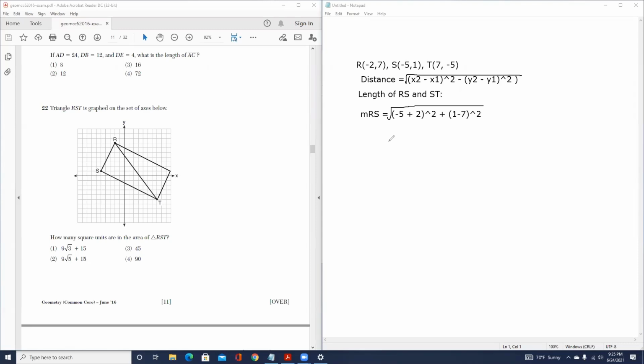And y2 is 1 from S, and y1 is 7 from R. If we plug this into our calculator, we will get that this is equal to radical 9 plus 36 equals radical 45.